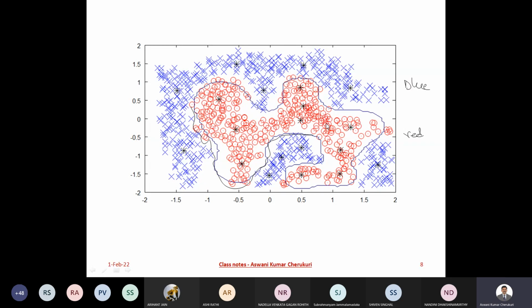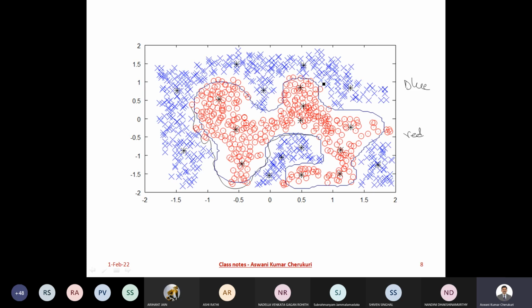So the RBF network, as I have already said, is faster than the MLP and other models. The only thing is that it requires more hidden nodes.